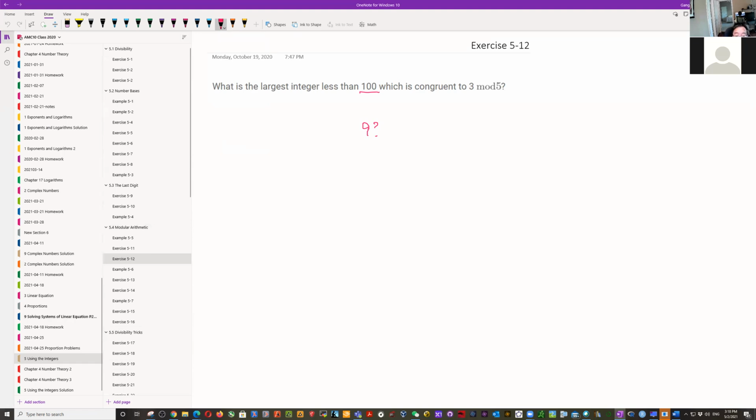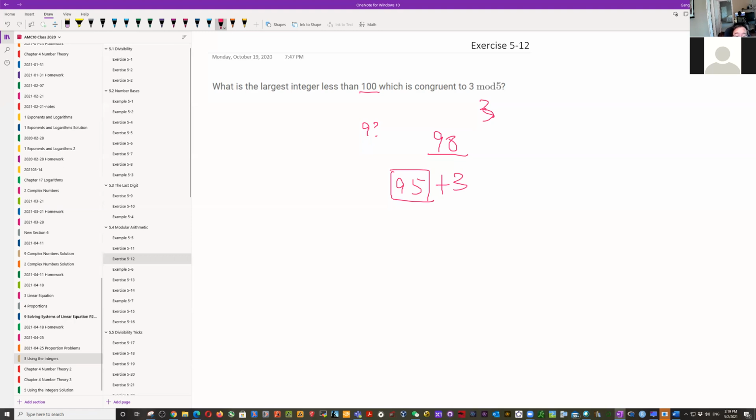You want a remainder of 3 when divided by 5. I know that 95 is divisible by 5, so 95 plus 3, which is 98, works.